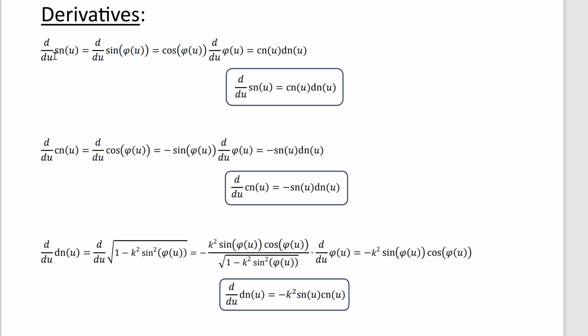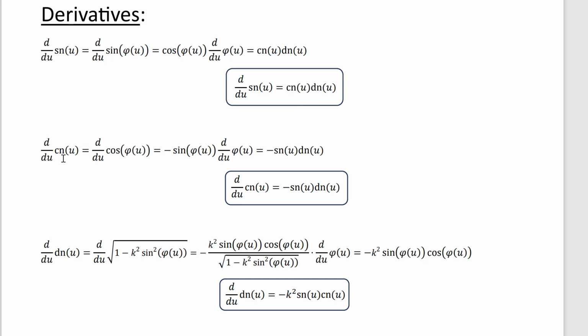The derivative d du of sn u is d du of sine of phi of u. The derivative of sine is cosine, and then the derivative of the argument is the definition of dn u. So the derivative of sn u is cn u dn u, because cosine phi is cn u. So that's easy, and the others are easy too.